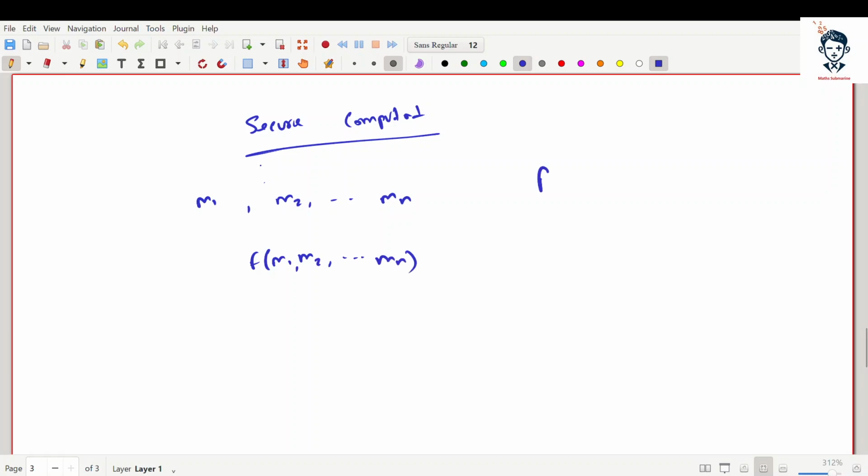That privacy should be there and correctness should be there. Privacy means every message should be encrypted, or the other guy should not be able to get anything about the first one's message. And correctness means the outcome, whatever function they wanted to compute, should be correct. This is what secure computation is.